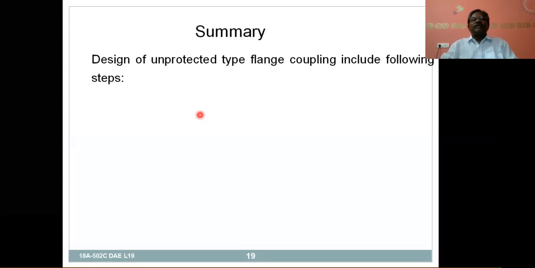So, a summary of this lesson, once again let us see. Design of unprotected type flange coupling includes the following steps.